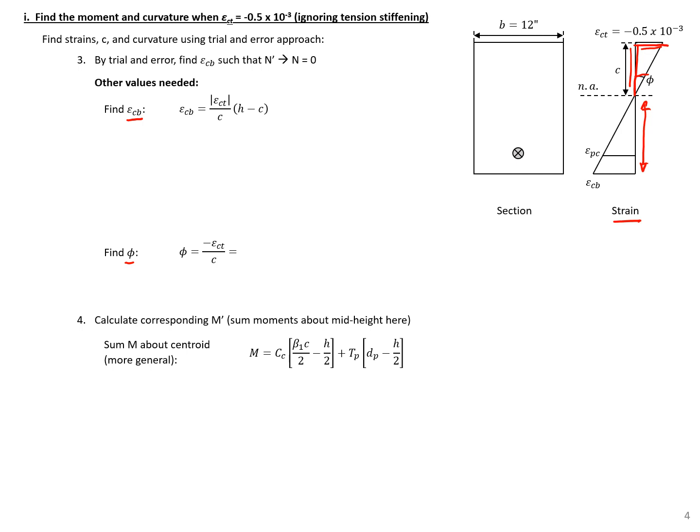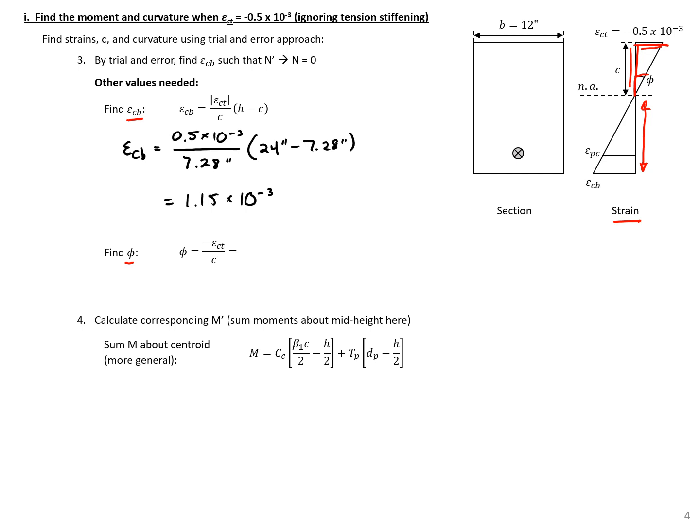So we can find our bottom fiber strain. This will equal 0.5 times 10 to the negative third divided by our C, 7.28, times our overall height, 24 inches, minus 7.28. Will give us a strain here of 1.15 times 10 to the negative third.